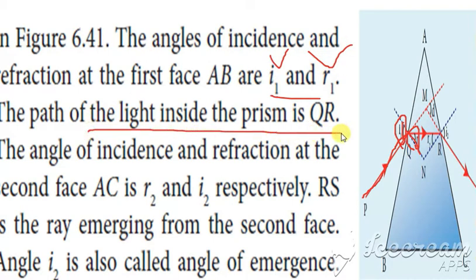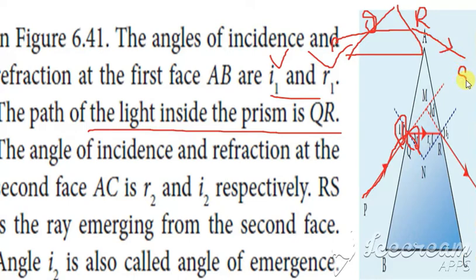The path of the light inside the prism is QR. So this is a prism, and this is the incident ray PQ, and from Q it travels inside the prism. That path is QR. Then it comes outside, taking the path RS.